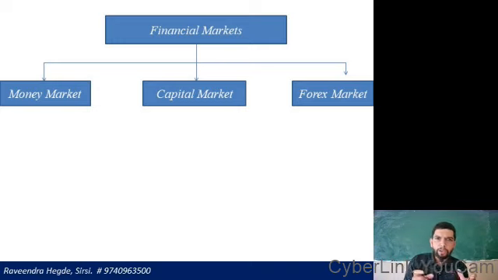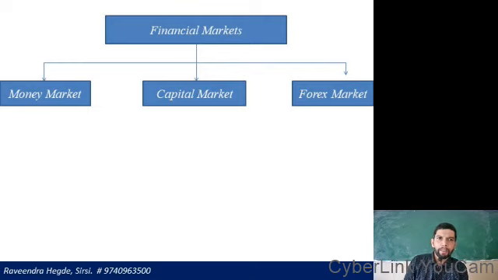When the securities or investments have a short term, less than 1 year or 12 months, they are classified as components of the money market. When the term involved is longer than 12 months, longer than 1 year, that is, long-term securities or long-term instruments, they come under the capital market. So all the short-term securities are traded in the money market and long-term securities are traded in the capital market.